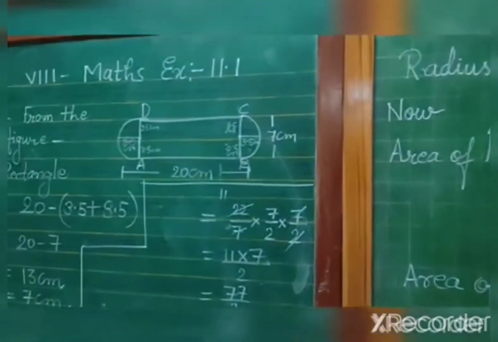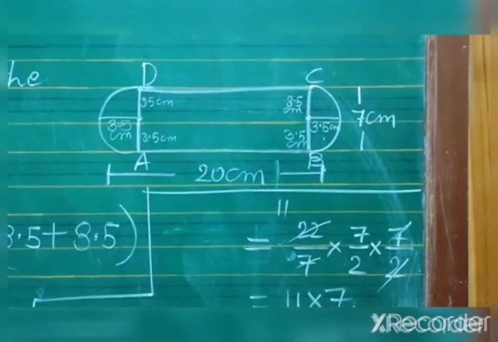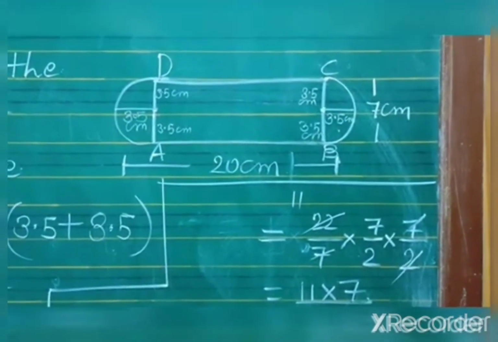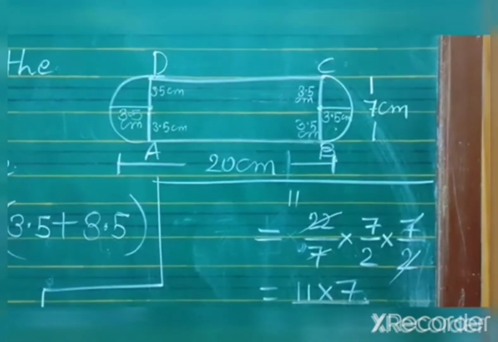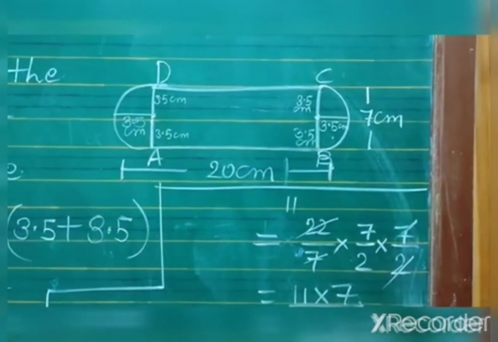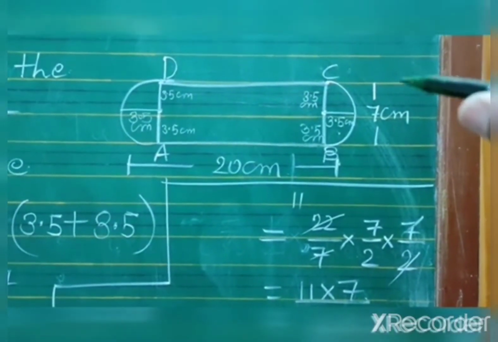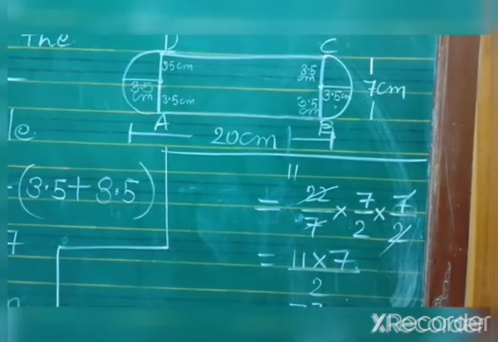Now we will calculate the area of the semicircles. The formula for area of circle is pi r square, but here semicircle, that means half circle, is there. So when we join these semicircles, we will get a whole circle. So for the area of two semicircles, we will apply the formula for the area of a whole circle.